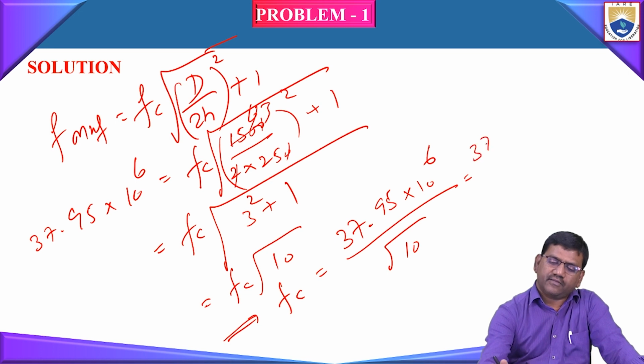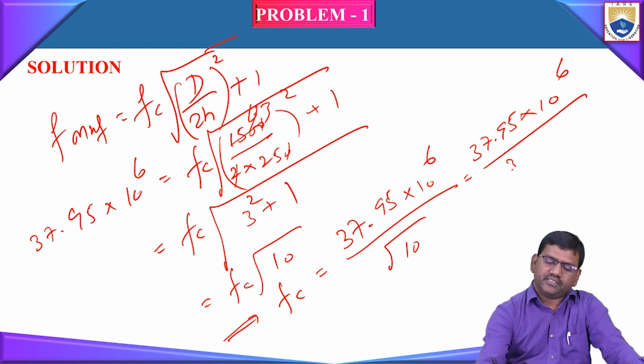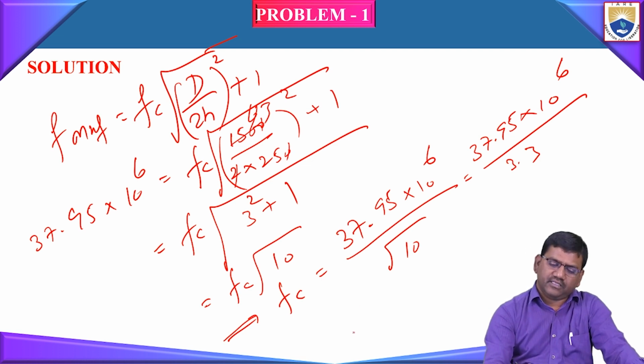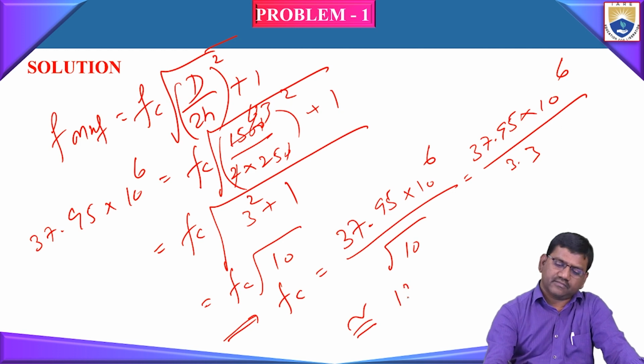So 37.95 into 10 power 6 divided by 3.3, if we simplify this mathematical expression, is approximately equal to 12 megahertz.